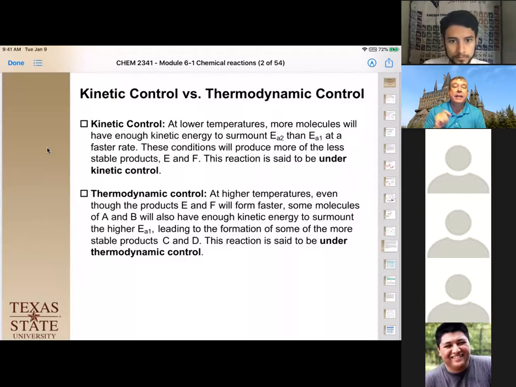So in a kinetically controlled reaction, we typically think of that as there being just enough energy to go over the activation energy at that faster rate, and the conditions produce the less stable product.